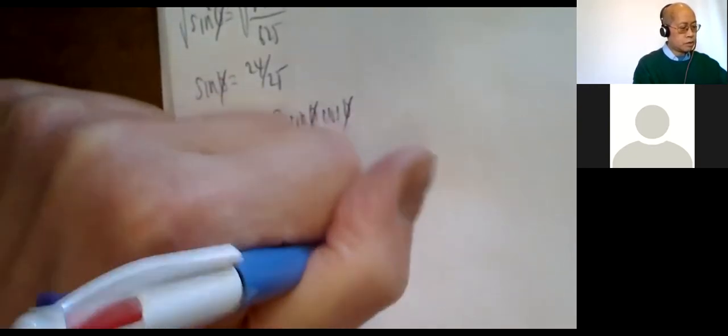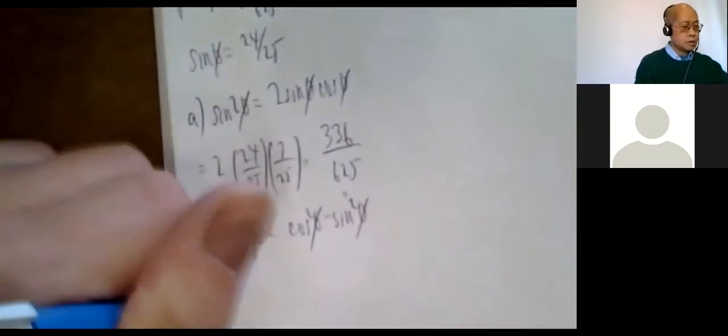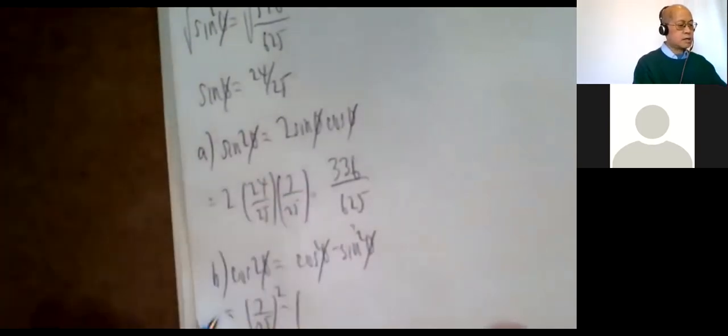Cosine 2 phi by formula is cosine squared phi minus sine squared phi. So cosine squared, 7/25 squared, minus sine squared, 24/25 squared.